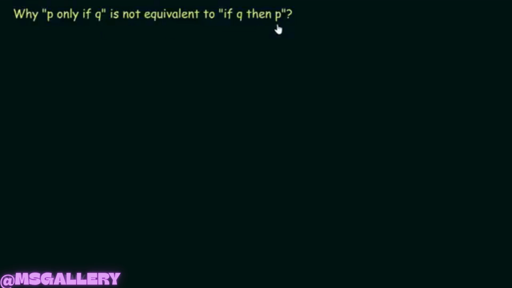Here also I will use the same proof idea that I used in the previous case when I proved that P only if Q is equivalent to if P then Q. Let's take the same example. I will stay at home only if I am sick. This particular proposition is of the form P only if Q. Okay.